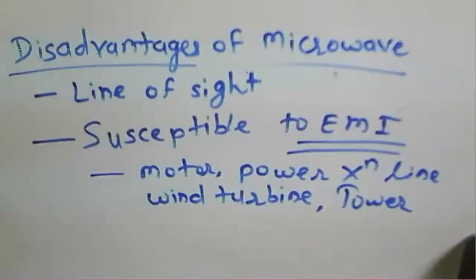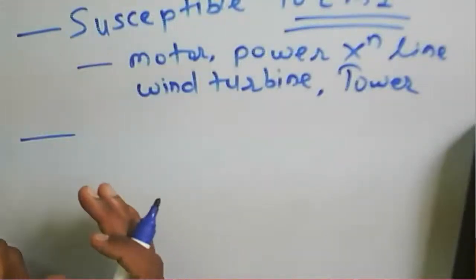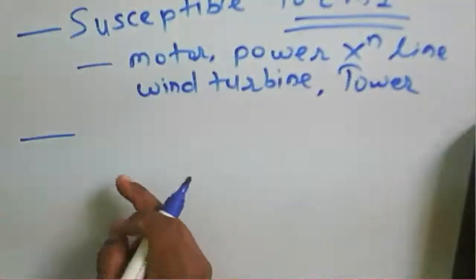Even if there are radio stations or a television nearby, then your signal gets affected. You can check how it is affected at your home by trying to operate your microwave devices.